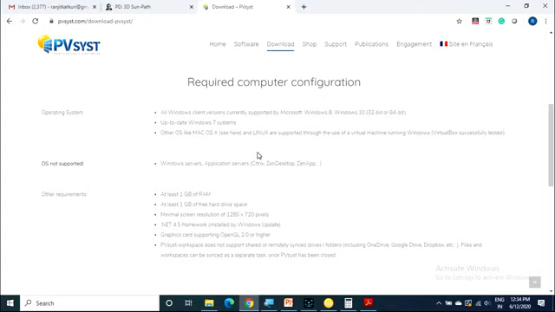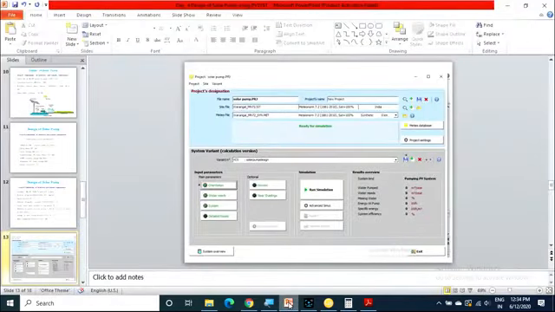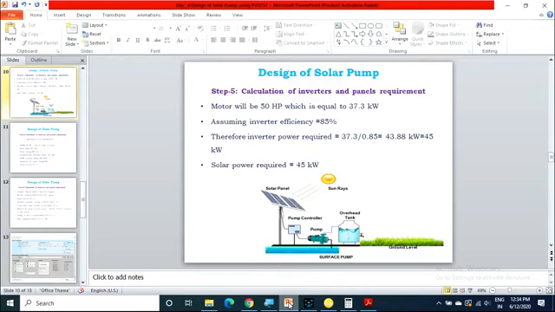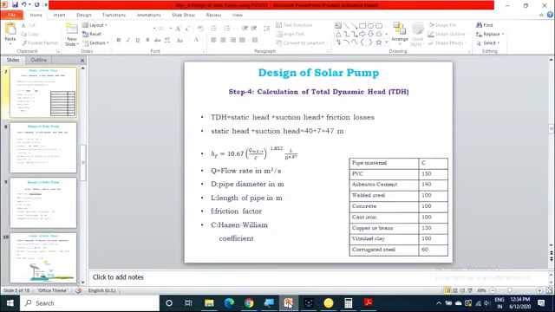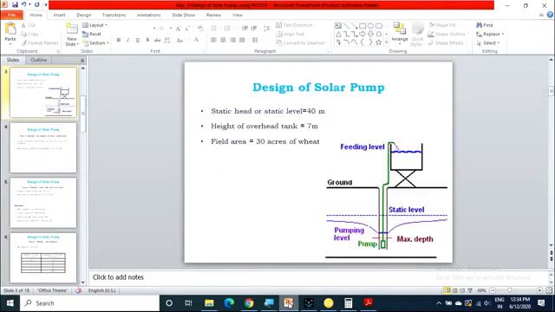The head calculation that we have chosen: the static head, and we are asking for the total dynamic head. In the first step, we have chosen the static head, that is from the water surface to the ground surface, and from the ground surface to your overhead tank, that is the suction head.